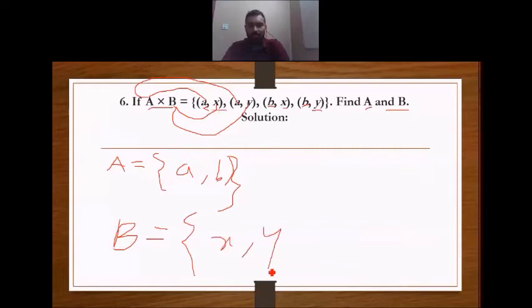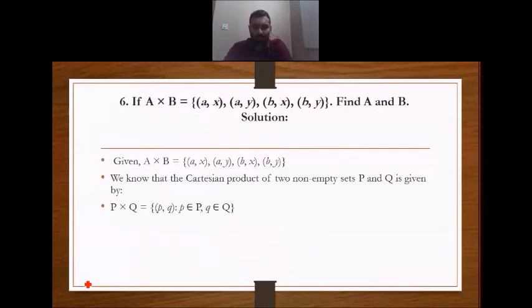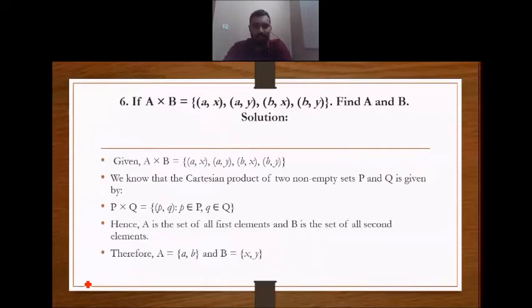So this is nothing but the set B. Quite a simple, straightforward answer. Since the first element belongs to the first set and the second element belongs to the second set, the first elements a and b belong to the set A, and the second elements x and y belong to the second set B.